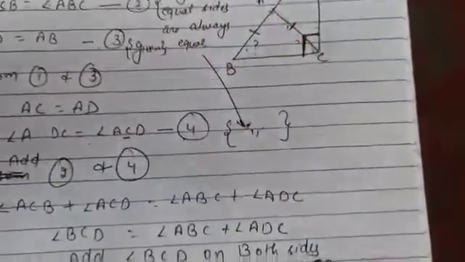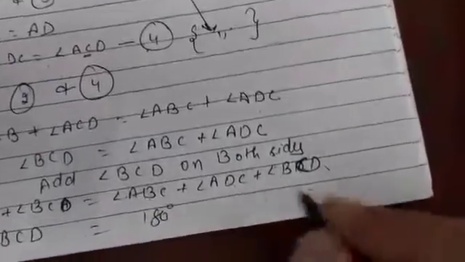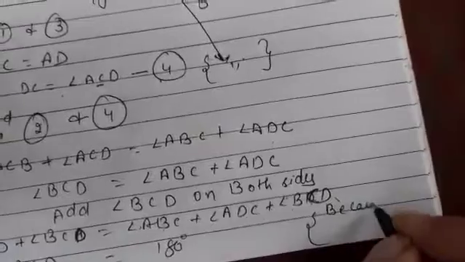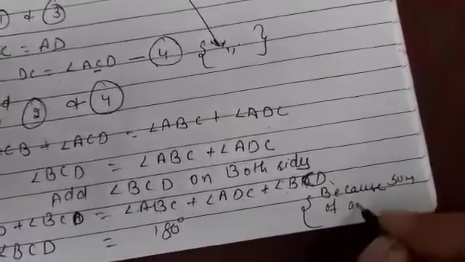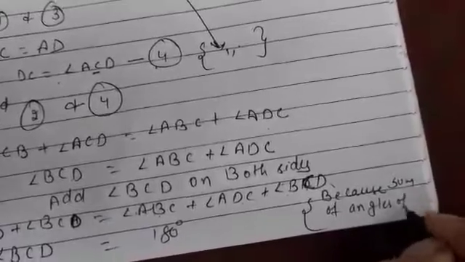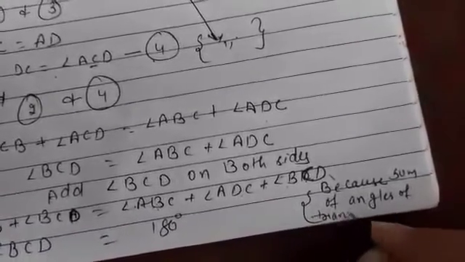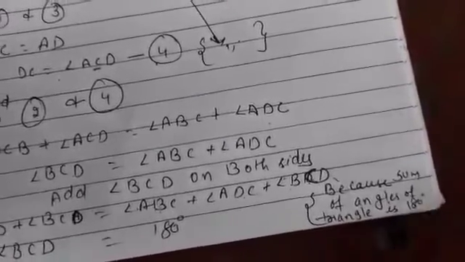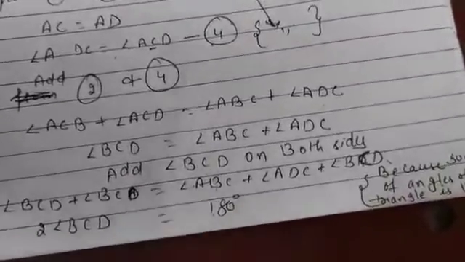If these 3 are angles of this triangle, then the sum is 180 degrees, because the sum of angles of a triangle is 180 degrees. Clear?